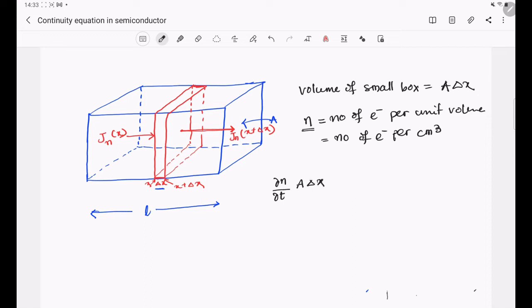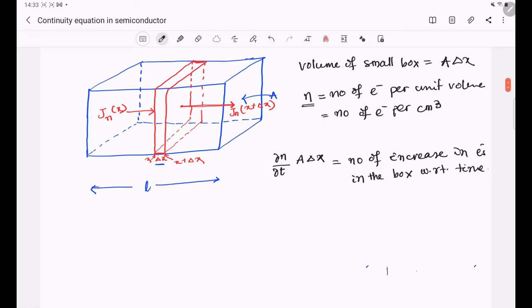So here I have multiplied the volume of this small box. This is your number of increase in electrons in the box with respect to time.